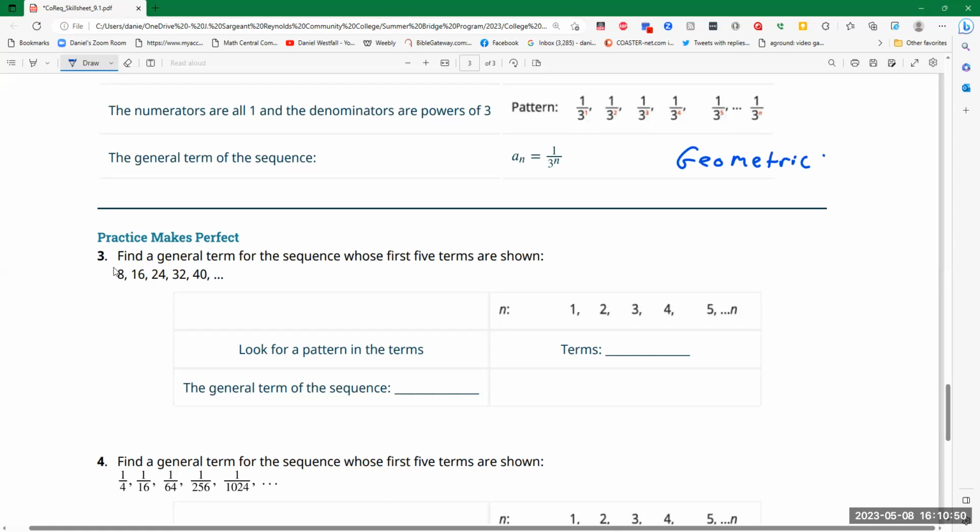Okay. Now let's have you practice and let's write the nth term. So this looks like 8 plus 8 is 16, plus another 8 is 24, plus another 8 is 32, plus another 8 is 40.